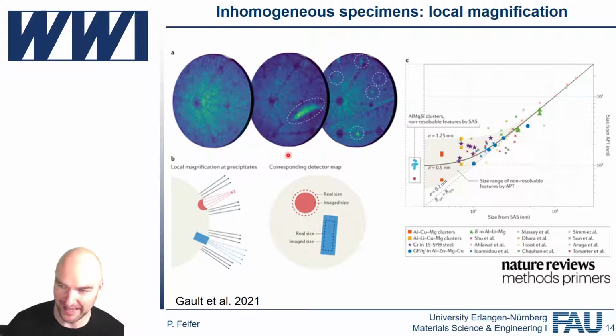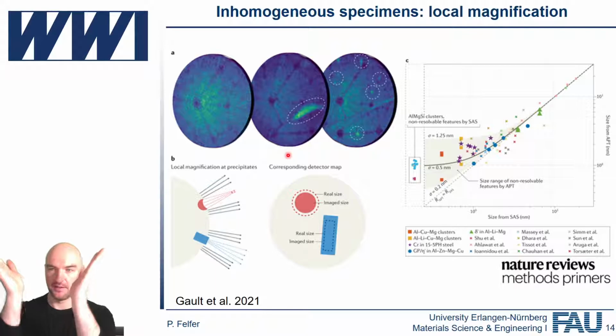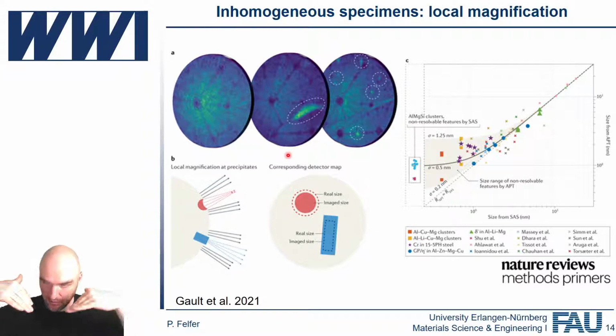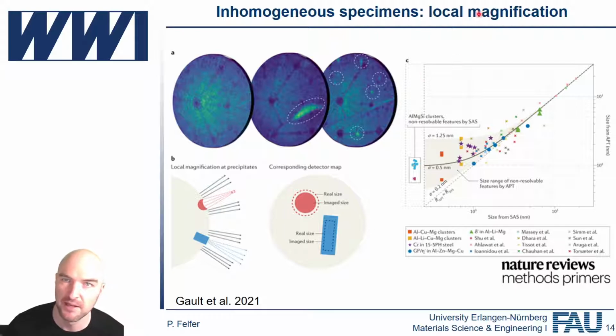Depending on whether the evaporation field is higher or lower, it will either stick out, and with the sticking out it will have outwards pointing electric field lines, or if it's sort of caving in, it will have inwards pointing electric field lines, or be focusing. This is what we call local magnification. It is probably the most important effect limiting the resolution in atom probe tomography.